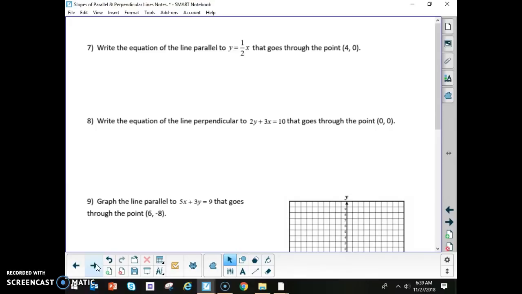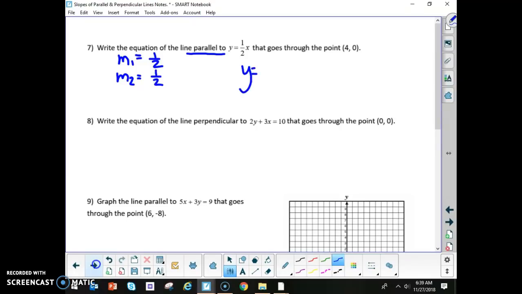Now if we look at writing an equation, I have the slope of the first equation being 1/2. So the slope of the second equation, if I want it to be parallel, is also going to be 1/2. So y is equal to 1/2 x plus a new y-intercept.